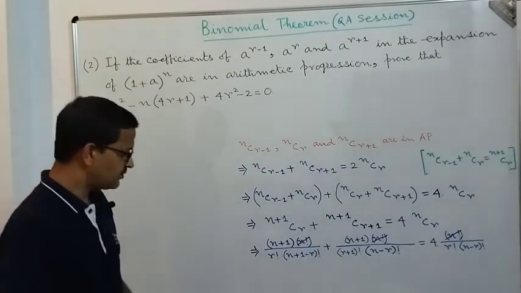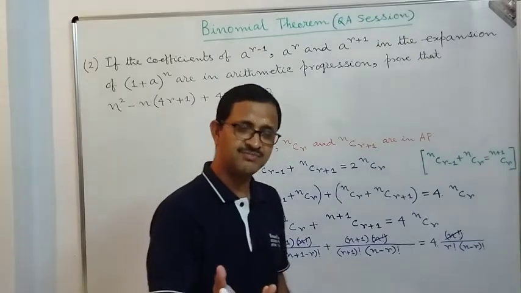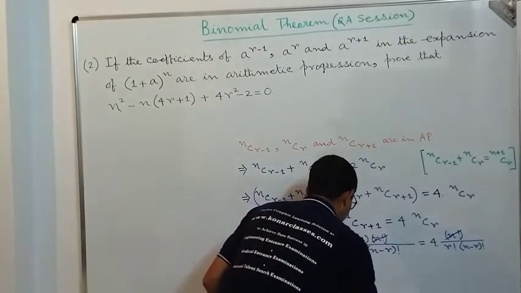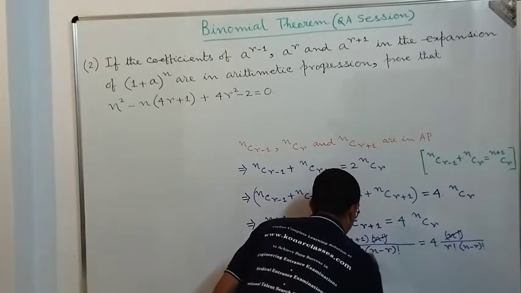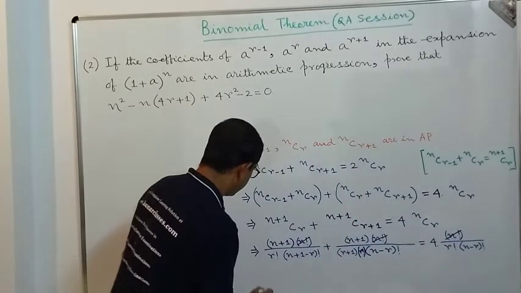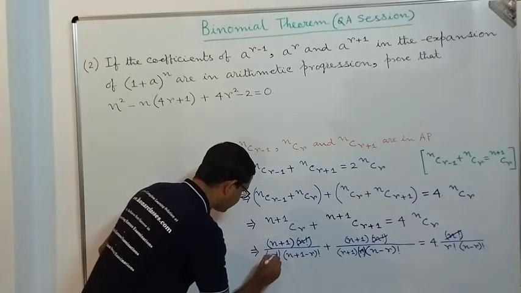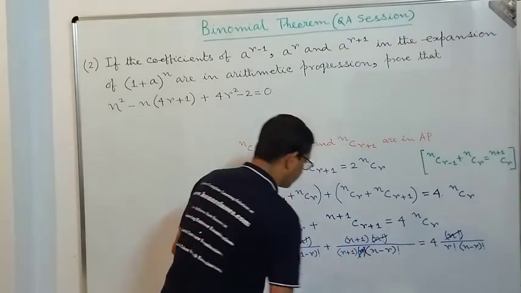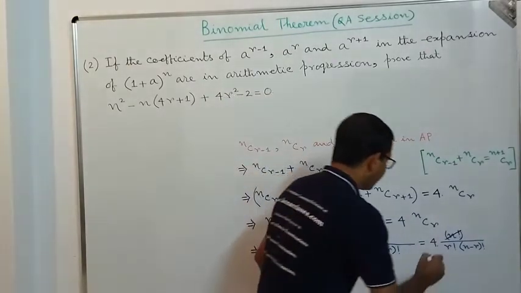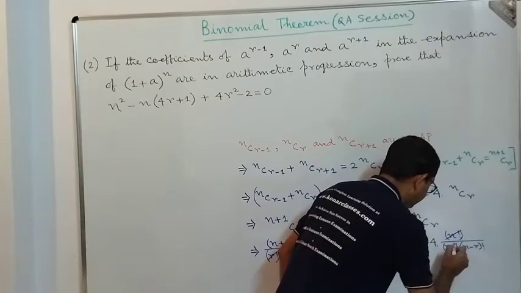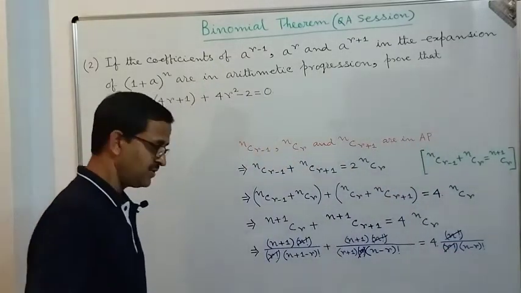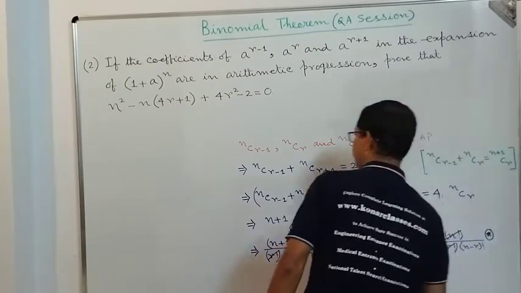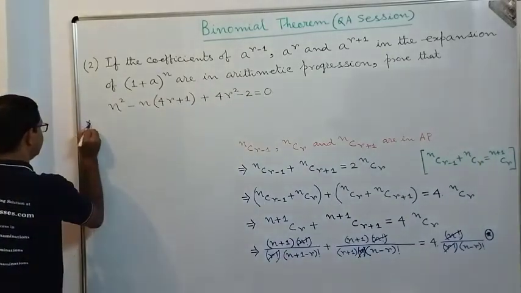Now, dear students, what is r plus 1 factorial? It is r plus 1 into r factorial. So instead of r plus 1 factorial, we can write r plus 1 into r factorial. Now in the left hand side, this r factorial in the denominator of this expression gets cancelled with the r factorial in the right hand side. Okay, so now the simplified equation we can write here in the left part of the board.